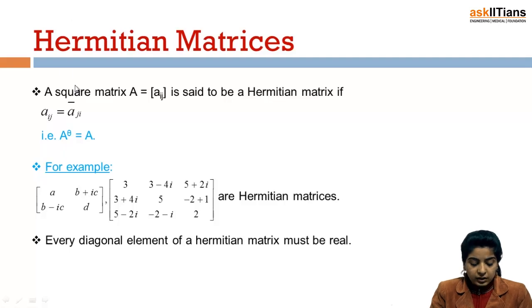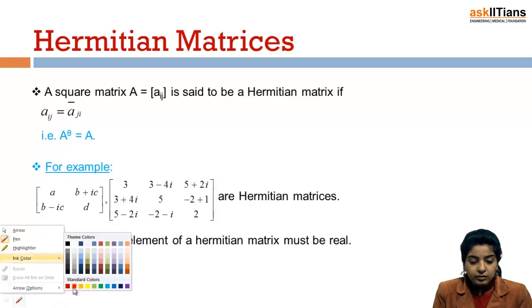A square matrix A equal to [aij] is said to be a Hermitian matrix if aij is equal to a bar ji. So what is this bar?